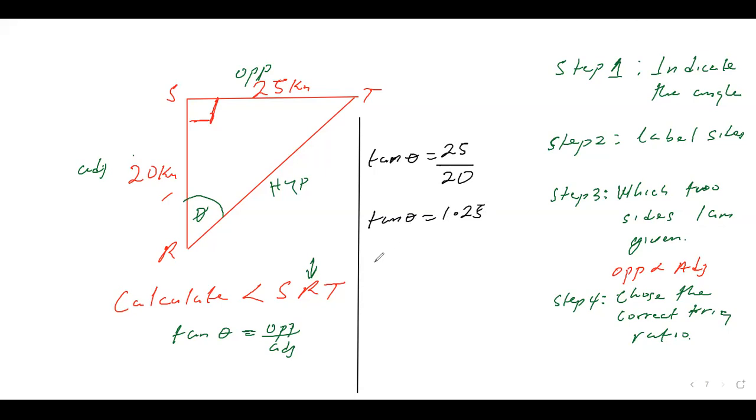Now we want to find the angle, so what do I do? Do you remember? You put tan inverse. Tan inverse of 1.25, right? So what is the angle? 51.34 degrees.